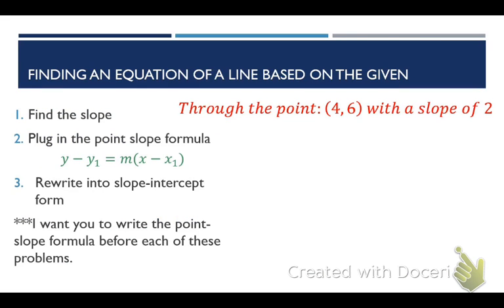All right, we're going to do our first example. Finding an equation of the line based on the given. So if you see you have 1, 2, 3 on your paper, your first step to finding an equation of the line is to find the slope.